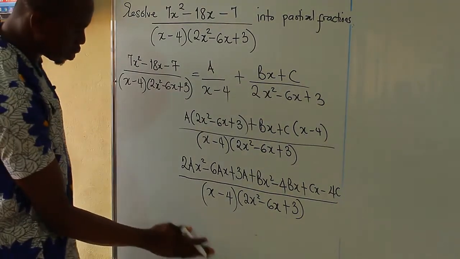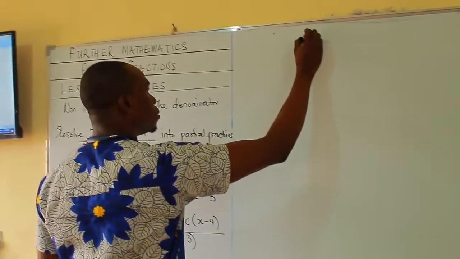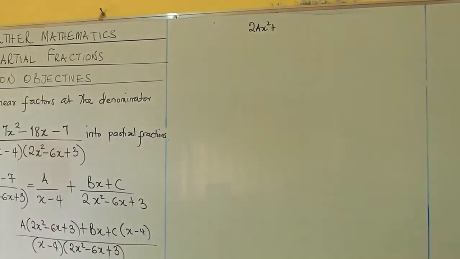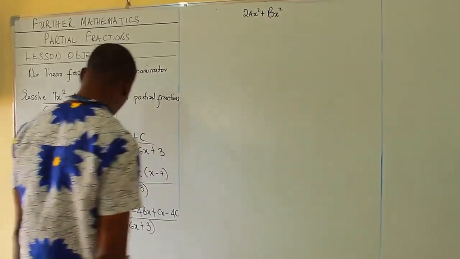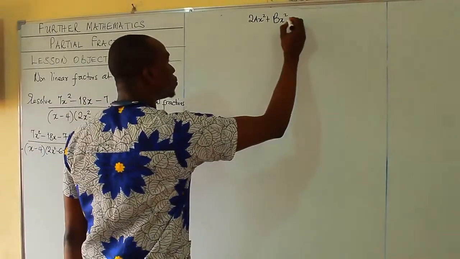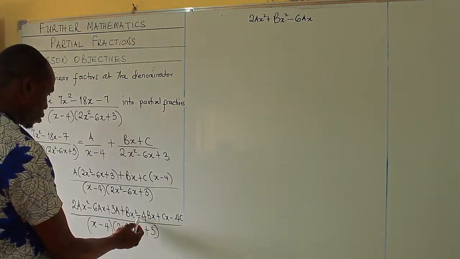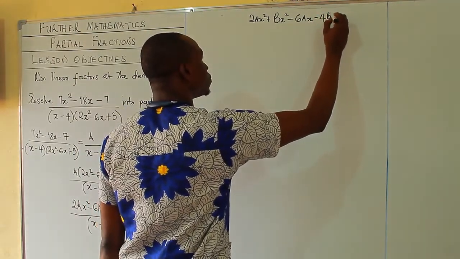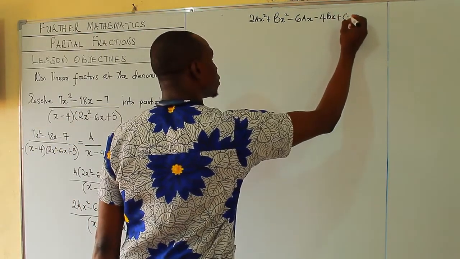When I do that, I'm going to get 2ax squared plus bx squared. And then I'll get minus 6ax minus 4bx plus cx.